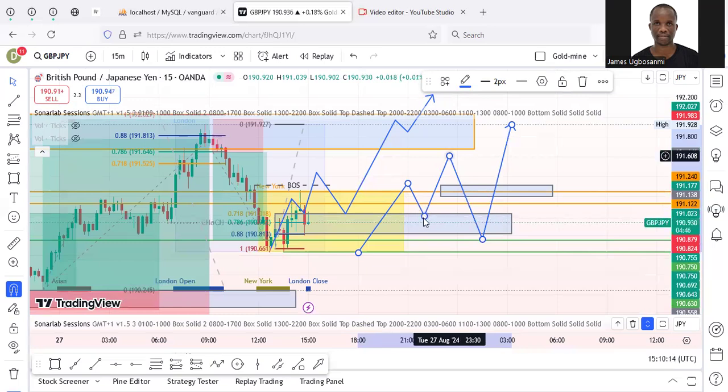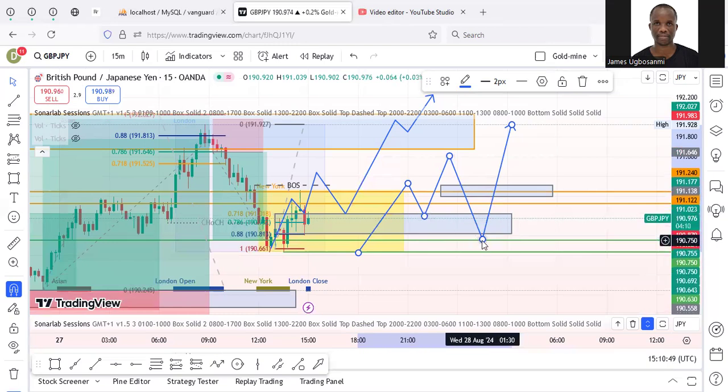If it comes down below this point, let's say we have a structure like this, going up, up, up, and it comes below this point here, forming a higher low below it, then the market is giving us a signal that we are about to go for a sell.